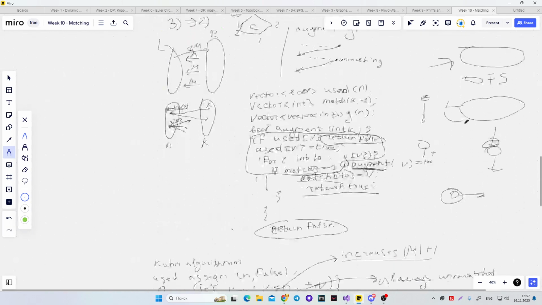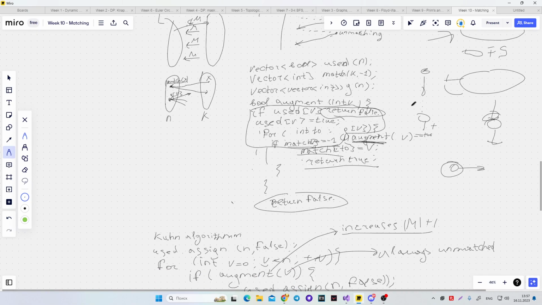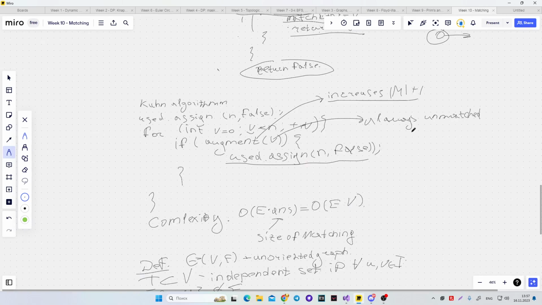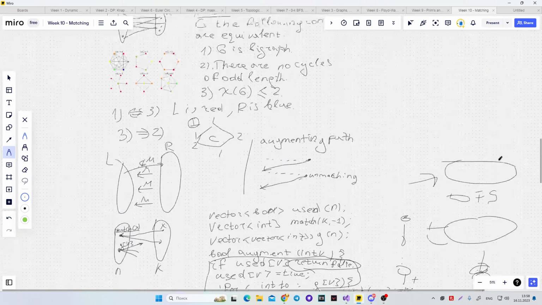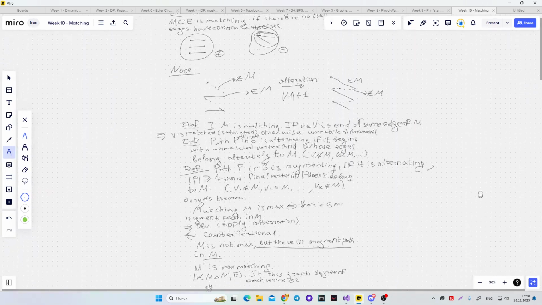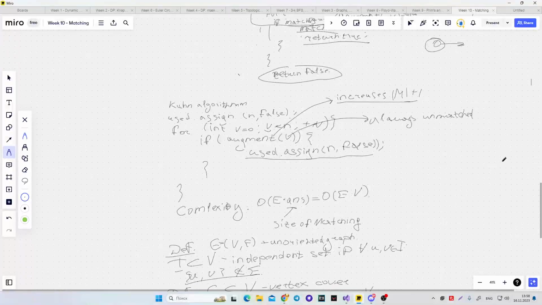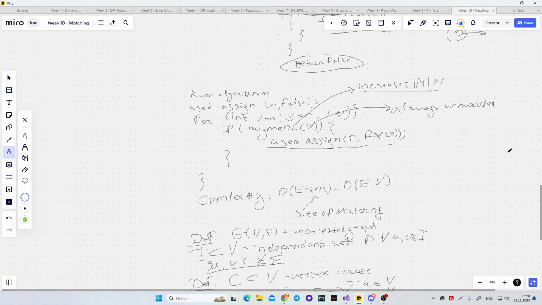If we launch this function from all the vertices, in each iteration we either increment our matching or don't increment it, and we get the maximum matching.